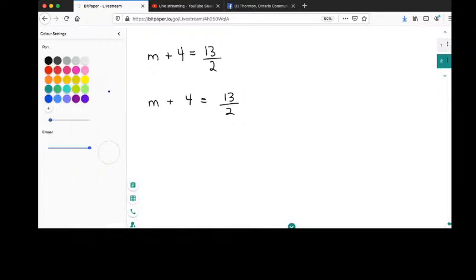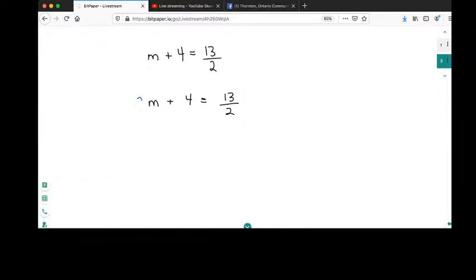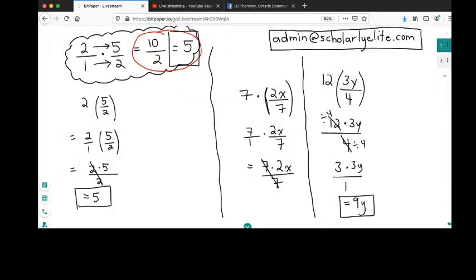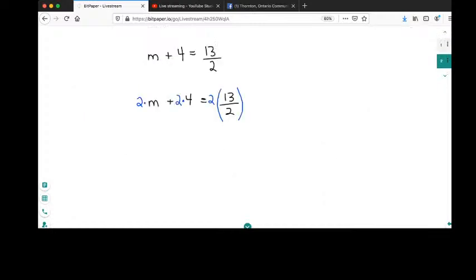Let's do this with blue, and I'm multiplying 2 in front of everything, because this is algebra, and in algebra, that's what you have to do. Just like we were learning before with canceling in fractions, this is why I was showing you this stuff, because now it's going to come in handy as we move forward.